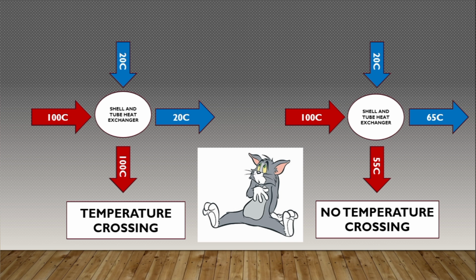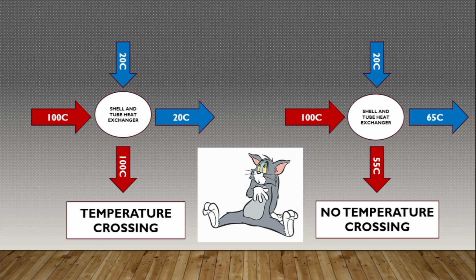We need to take note that in thermodynamics, the negative always stands for losses and the positive stands for gains. So dropping from 100 Celsius to 20 Celsius, we have a negative 80 change in temperature. Then for the cold inlet coming out as a hot outlet, we have a gain of positive 80 as our change in temperature.